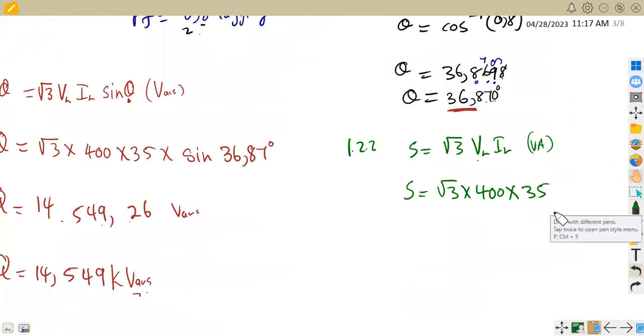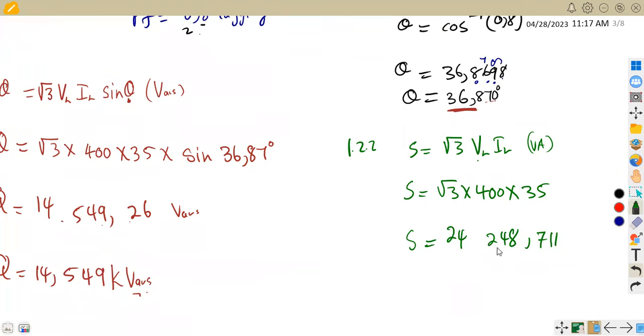So we are going to obtain something like 24,247.113 and so forth. You can write it in kilovolt amperes by dividing by 1000, which is going to be 24.247, and this 7 changes the 4 into 5 in kilovolt amperes. So that is what we have.